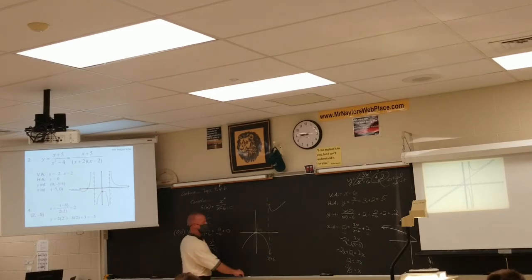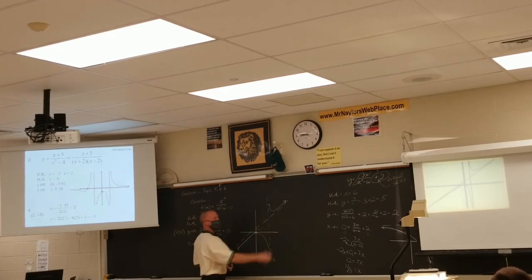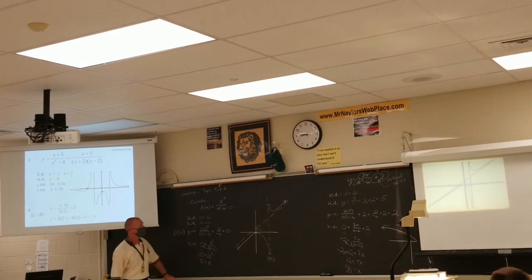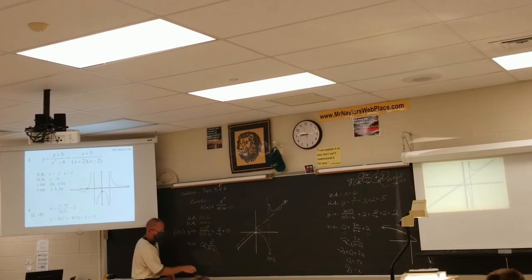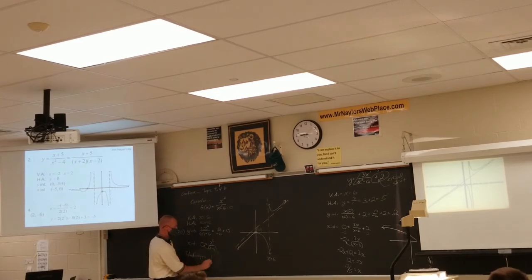Y equals x plus 6 is the true slanted line. That's called a slant asymptote. And we can add it to our list. Again, it's called slant asymptote. It's the equation y equals x plus 6.